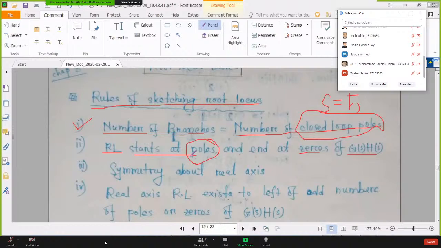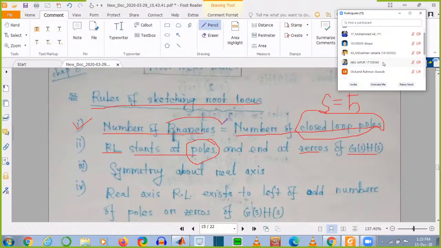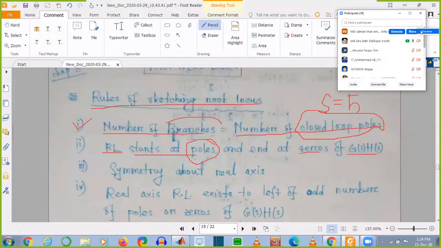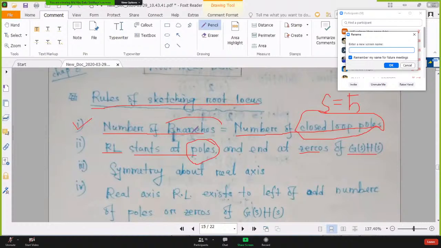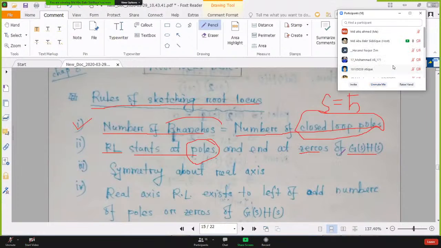The root locus is represented by branches. You have to draw some branches and connect them, and it is like a signal flow graph. A signal flow graph is a kind of diagram, and root locus is a similar kind of diagram. It is represented by branches, and root locus starts at poles. So it always starts at poles and ends at zeros of G(s)H(s).